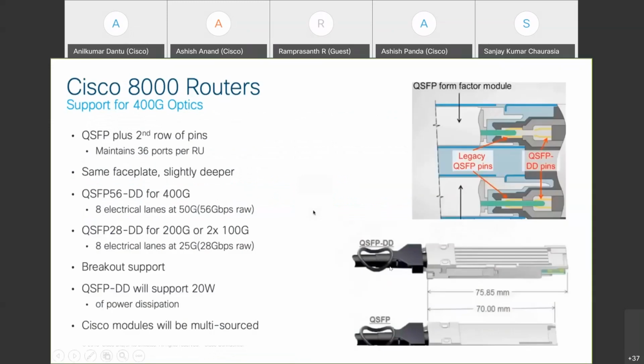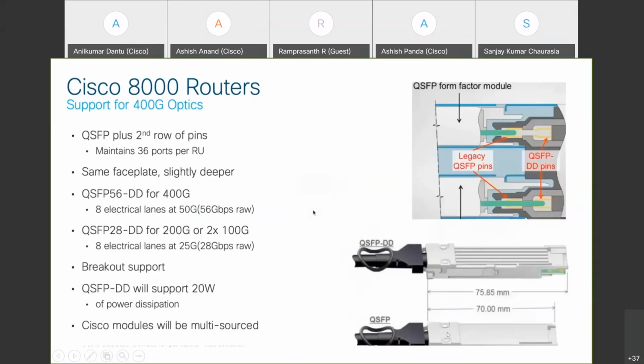So you can see the QSFP-DD, that is the 400 gig port. The form factor is slightly longer as compared to your QSFP-28, which is your 100 gig. But on a 400 gig interface, you can still insert a 100 gig optics, and it will still work, because internally it detects, like the pin structure is there.